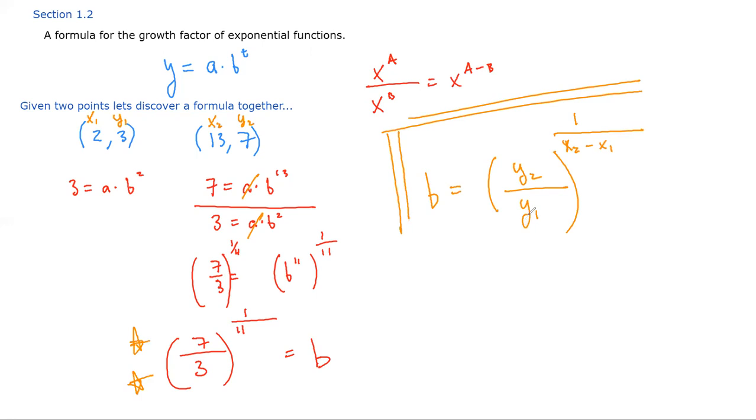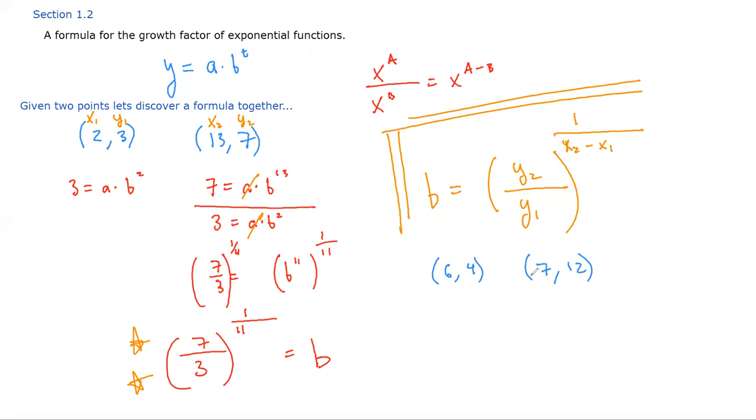And I just think that it's faster to kind of plug and chug and get it than it is to go through this 2 equations, 2 unknown manipulation. Let's do one more very quickly, just to make sure that we're on point. So if I gave us, say, the point (6, 4), and how about (7, 12)?